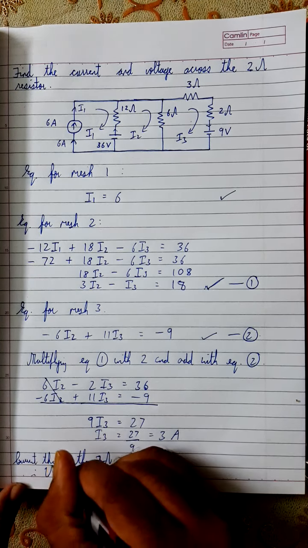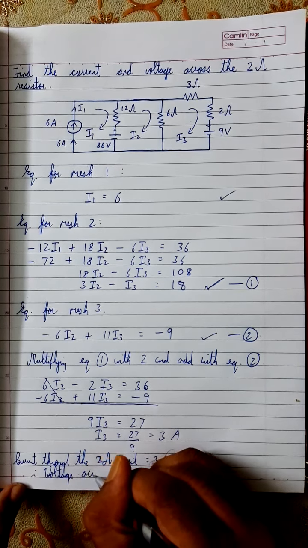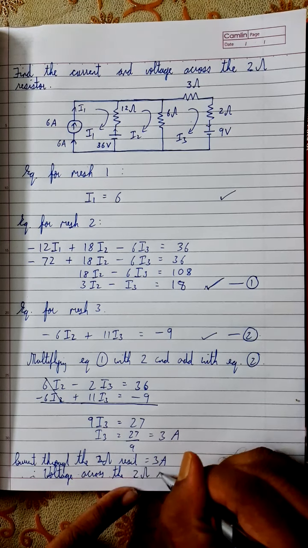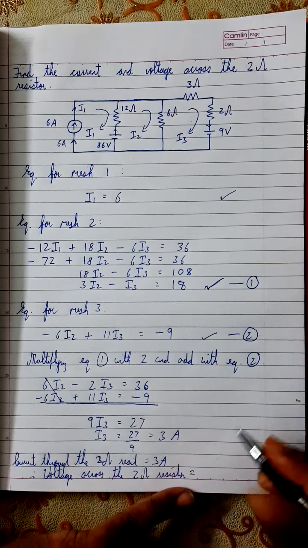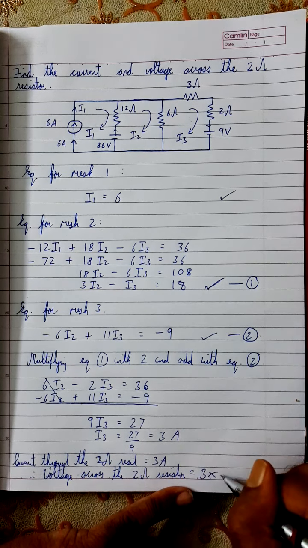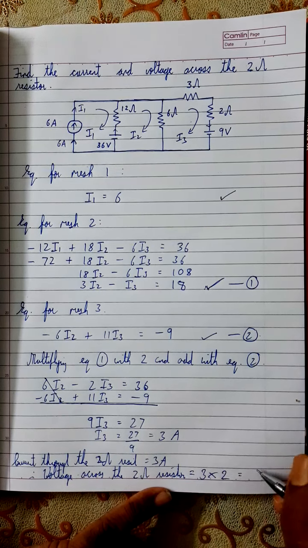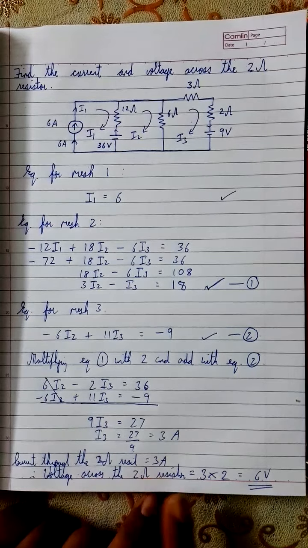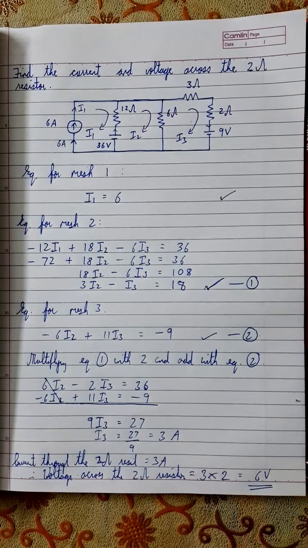The voltage across the 2 ohm resistor is nothing but the current through the 2 ohm resistor into the resistance. V is equal to I into R, so it is 6 volt. So the current through the 2 ohm resistor is 3 amperes and the voltage across the 2 ohm resistor is 6 volt.